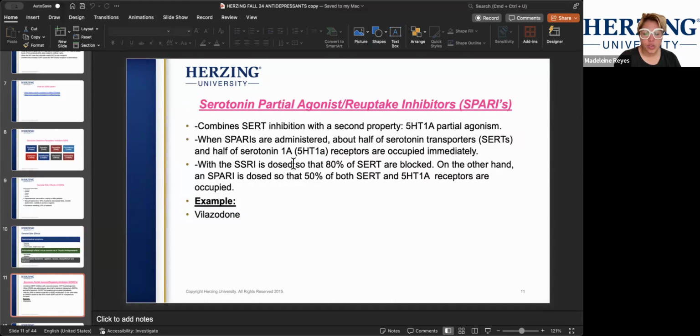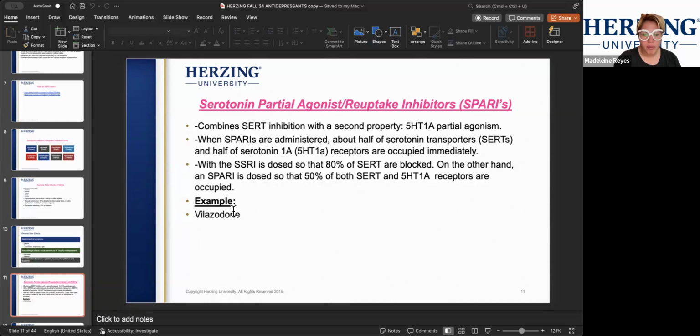With an SSRI, it's dosed so that 80% of SERT is blocked. On the other hand, a serotonin partial agonist is dosed so that 50% of both SERT and 5-HT1A receptors are occupied. So it doesn't occupy all. There's not a lot of serotonin available compared to an SSRI, and this is good for sexual dysfunction.